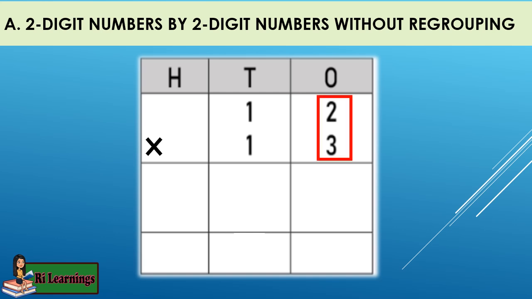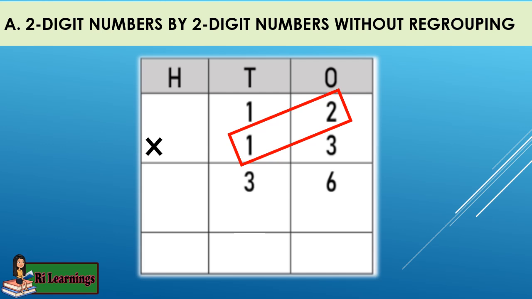2 times 3 equals 6. Next, 1 times 3 equals 3. Step 3. Multiply the multiplicand by the tens in the multiplier. Write the product with its rightmost digit aligned in the tens column. 2 times 1 equals 2.